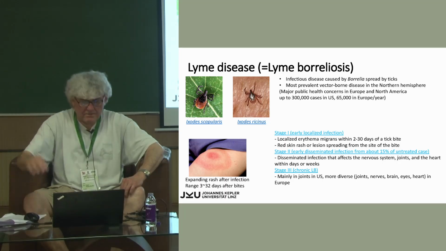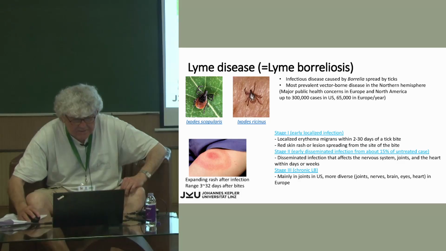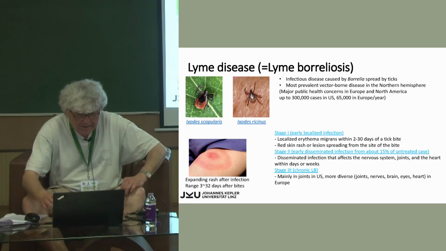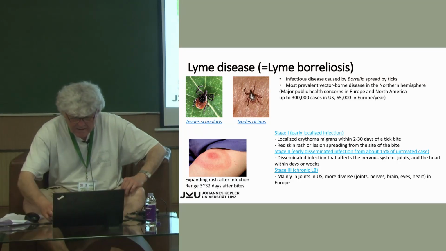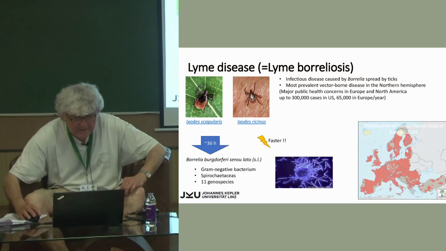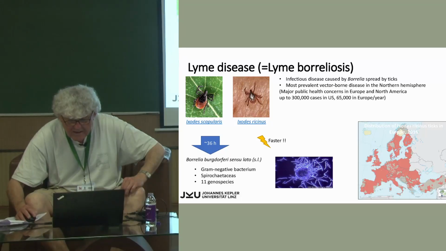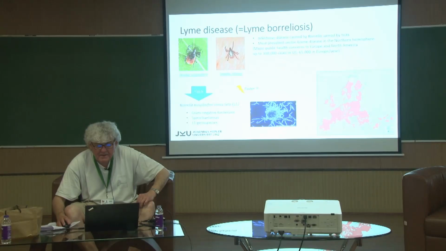Besides viruses, they also release bacteria, and this is just now the symptoms, and that's where we see where it happens. So it doesn't reach all the way to India, but this is where it occurs in Europe. It's the most prevalent vector-borne disease in the northern hemisphere.